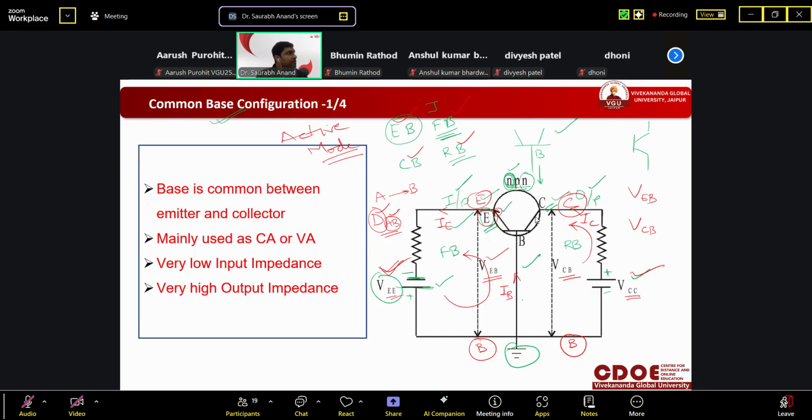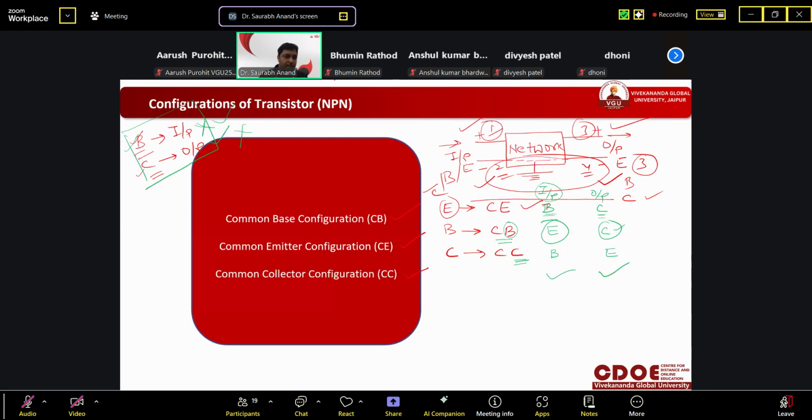In common base configuration, what will happen? I told you these two things, right? Depending upon these two, we have written these things. It is very important.